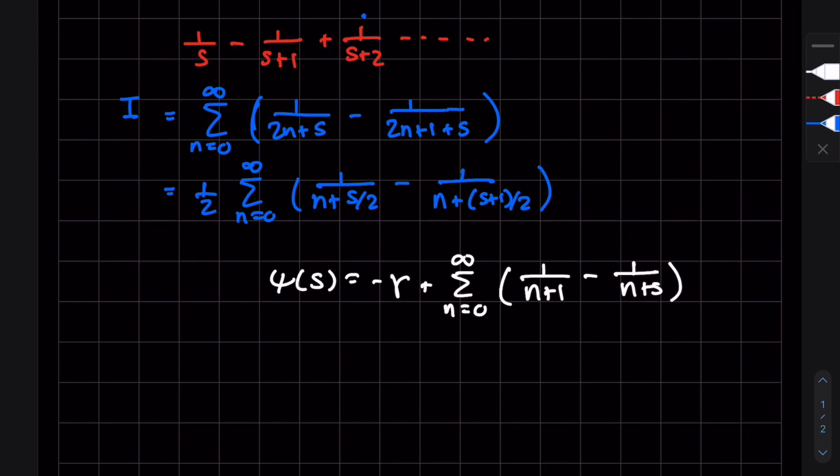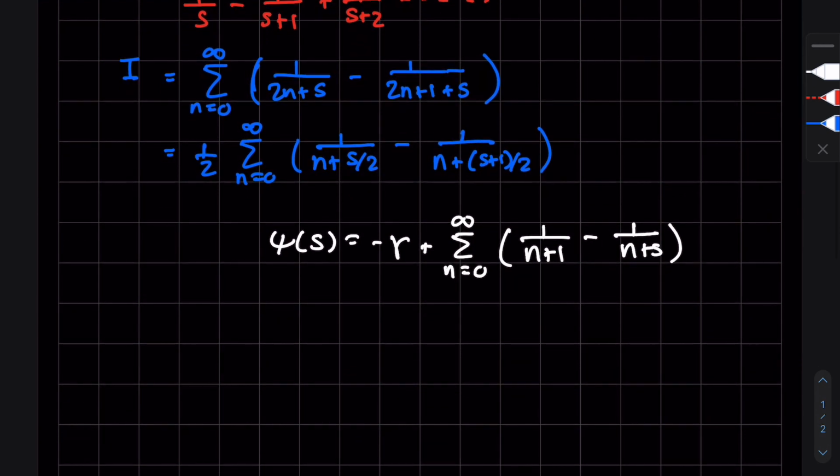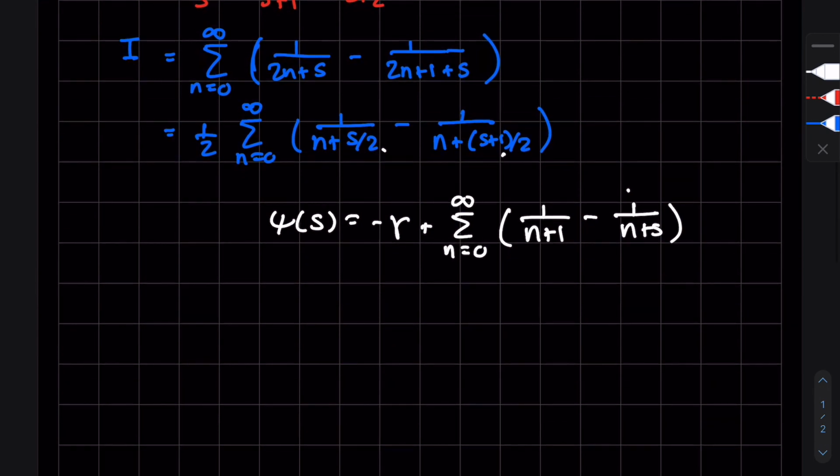Now let's see what we have here. We have this term, which would correspond to this term here, and then this term would correspond to another one of these.